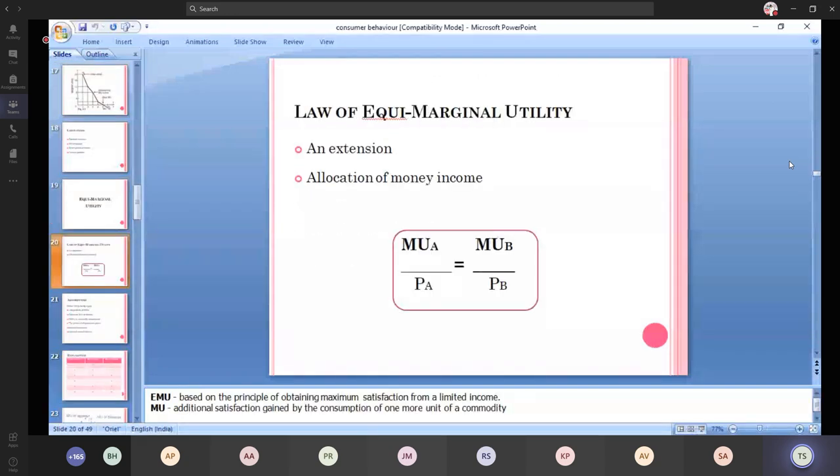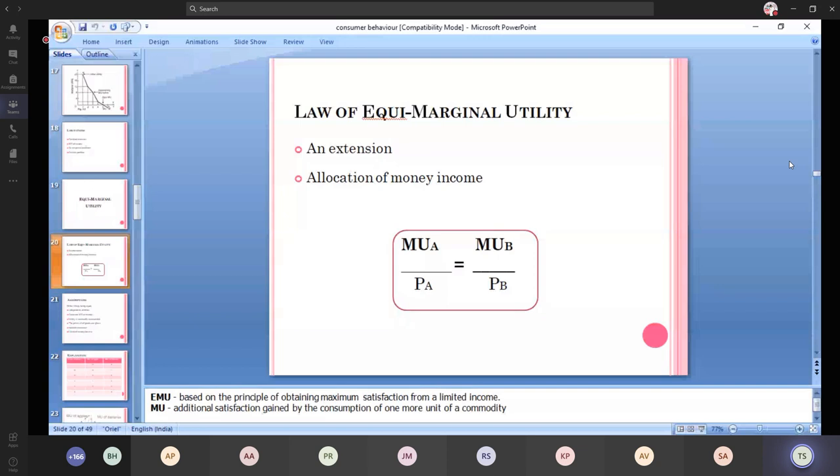And here it's an extension, that is, this equimarginal utility theory was considered as the extension of the previous law, the diminishing marginal utility law, because in the diminishing marginal utility law, the consumer buys a single commodity and he receives some level of satisfaction from that commodity. So we can compare the marginal and the total utility and know about the satisfaction level of the consumer.